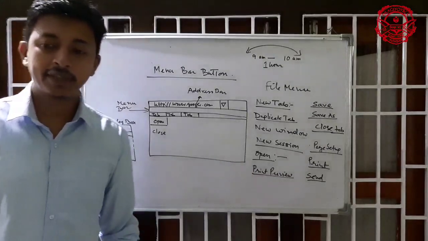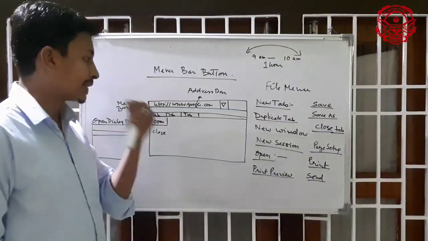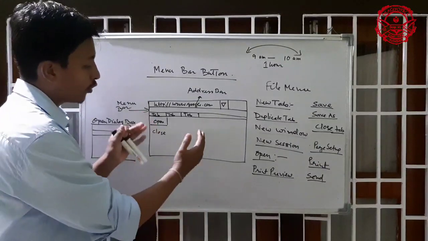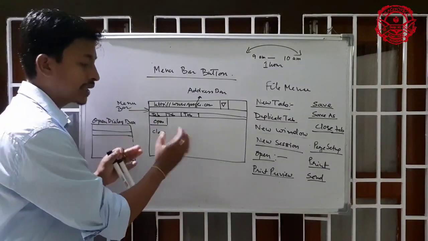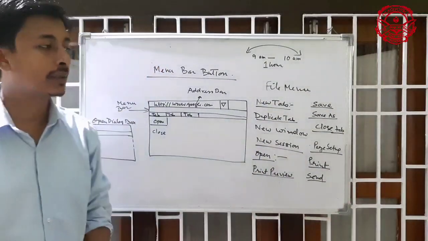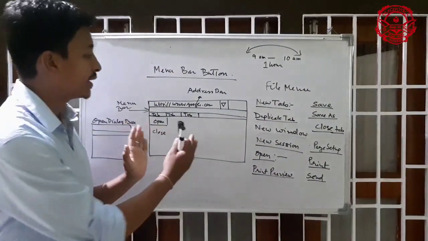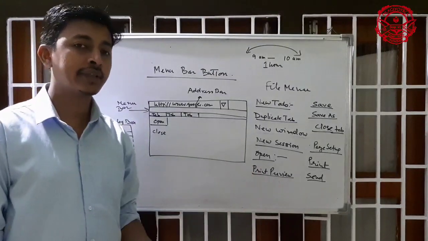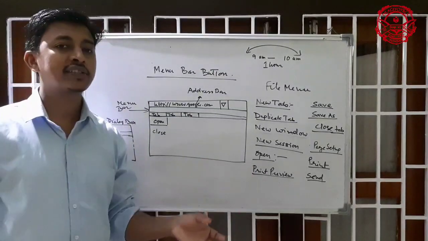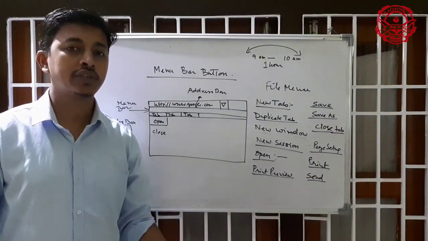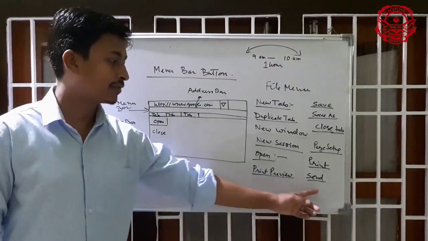When you click on the send option, it will send the document or the website's content as a mail to other users. For example, you open a website like Wikipedia and you like some content, so you want to share it with your friends. You can share it with the help of the send option.